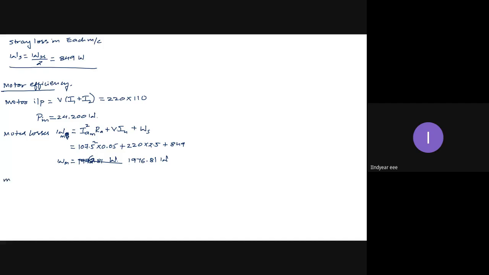Motor output, Pout is equal to input minus losses. 24,200 minus 1976.81. It is 22,223.18.